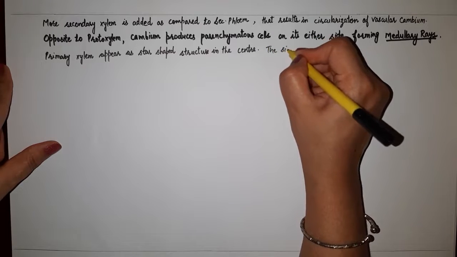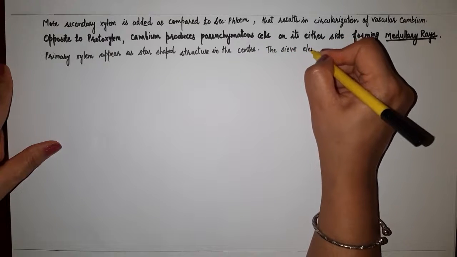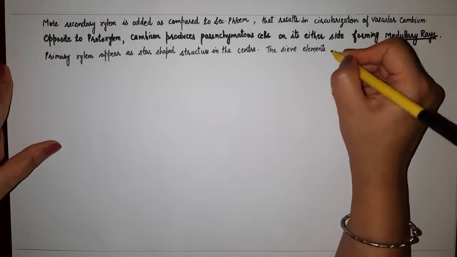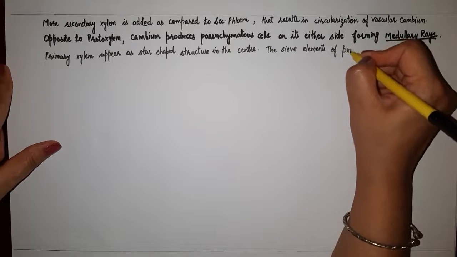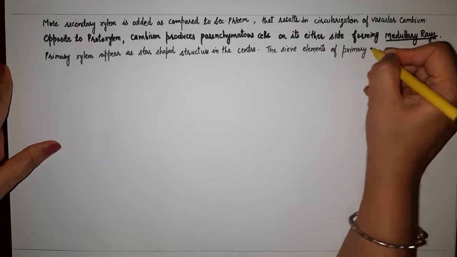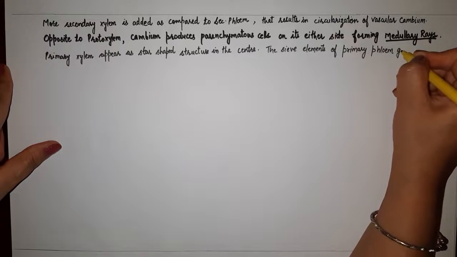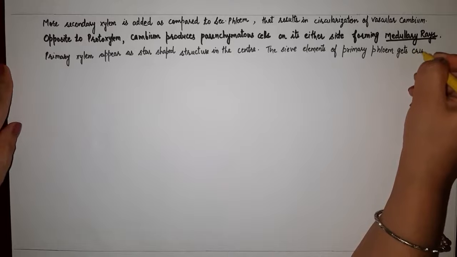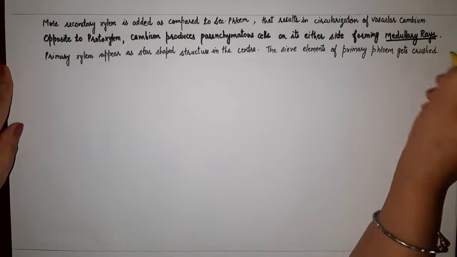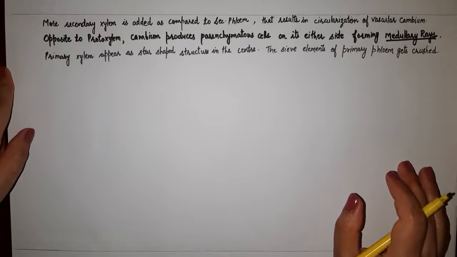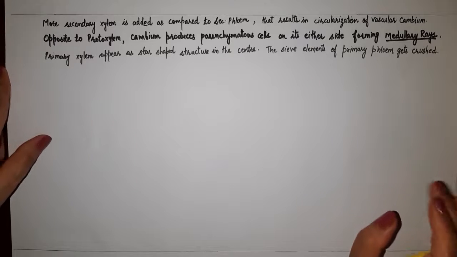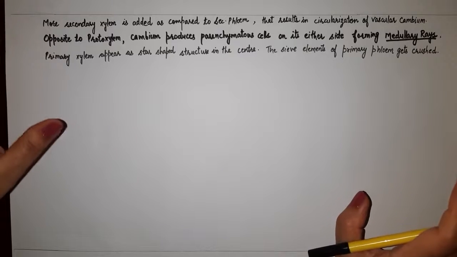The sieve elements of primary phloem get crushed. So, we will draw all these changes when we will draw the diagrams. This is what happens when the cambial cells are dividing.